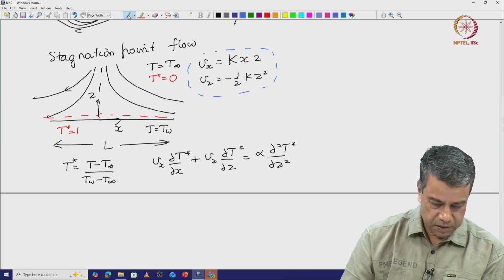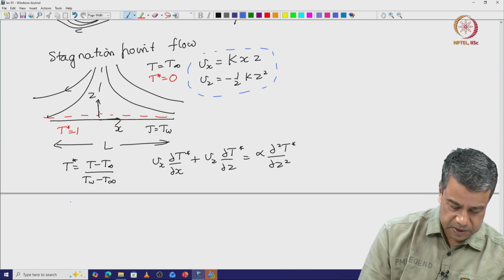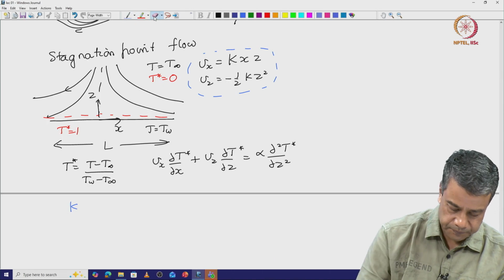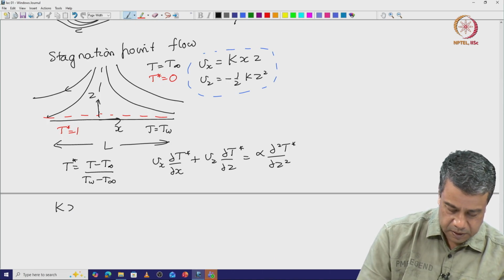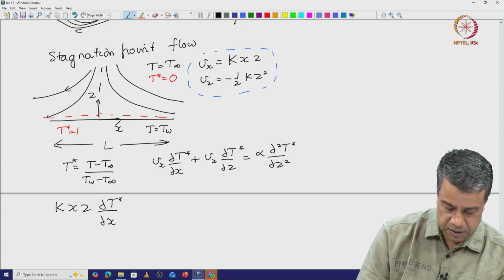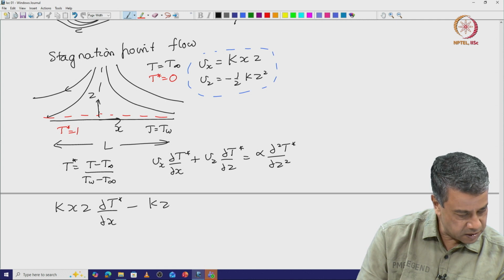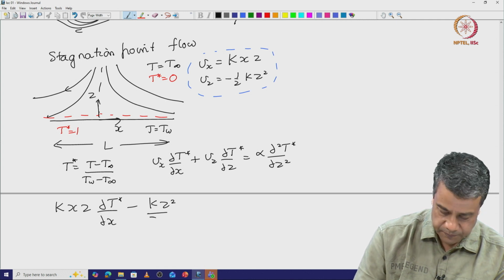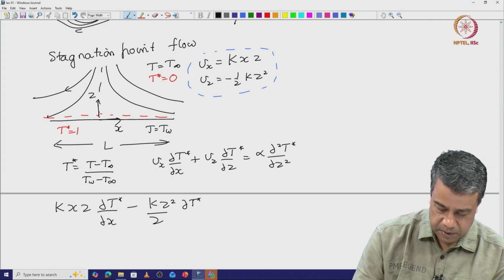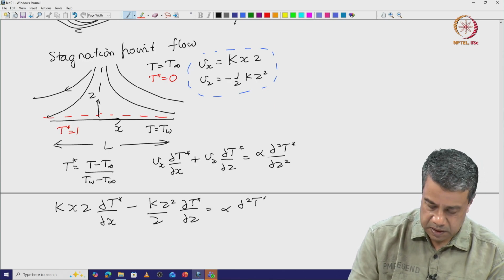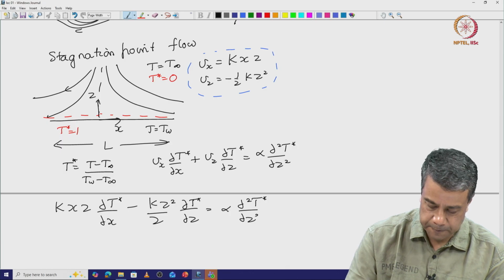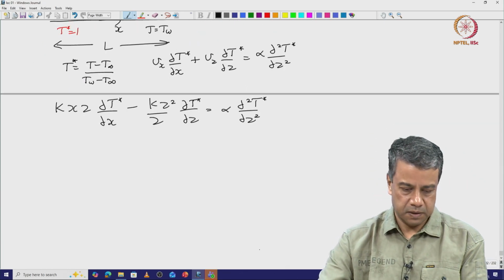Therefore, the equation becomes k x z partial t star by partial x minus k z square by 2 partial t star by partial z is equal to alpha d square t star by dz square.